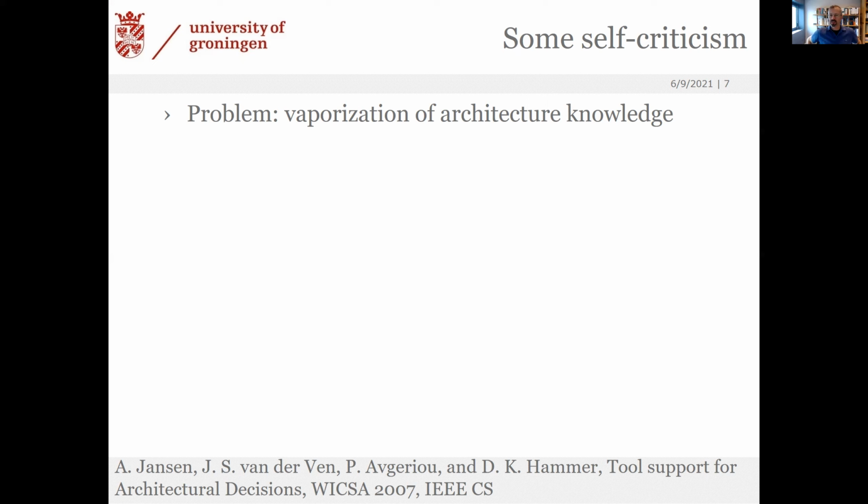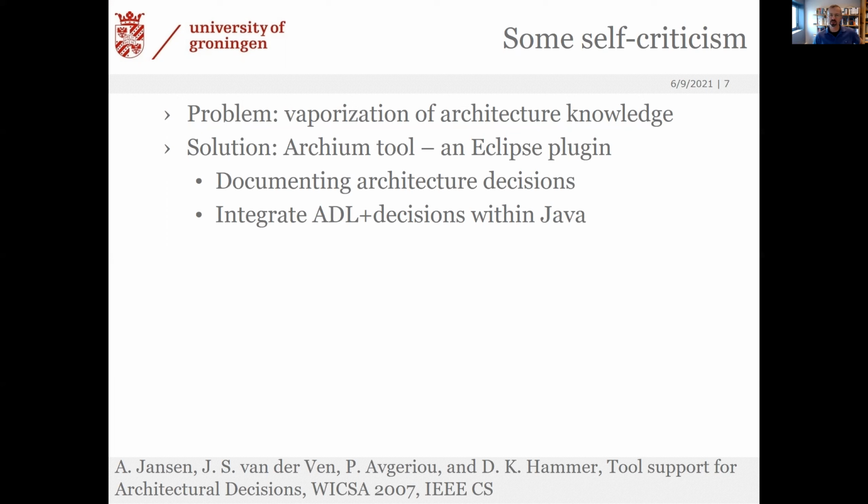I'm sure you know what this is. We know that design decisions and the rationale, for example, disappear. It's not written down, it just vanishes into thin air, and then we have trouble figuring out what happened there. So this was a known problem even back then, and me and my students said, well, here's a solution.